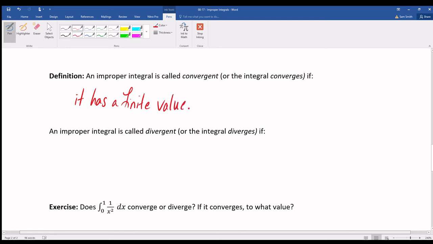So you are actually able to take the integral, to plug in the limits, to let one of the limits go to infinity, to minus infinity, and get an actual real number as the result. In any other case, if you cannot get a number as a result of the calculation, an improper integral is said to be divergent. It's divergent if it is not convergent.